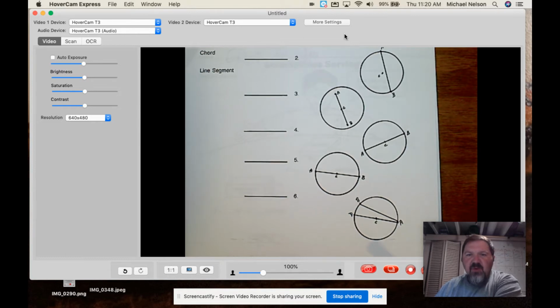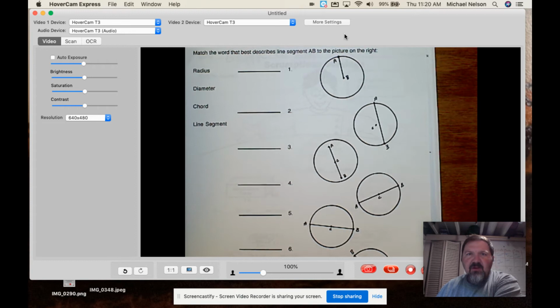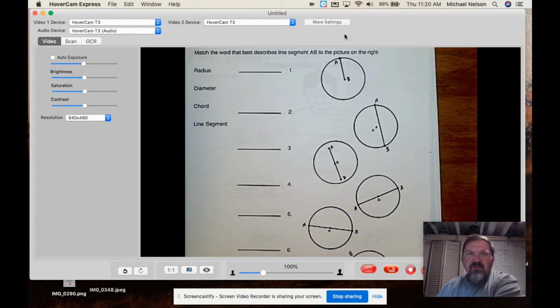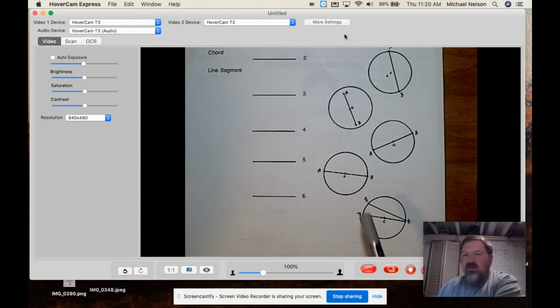Let's look at the bottom one there. It's number 6. Now the directions say to match the word that best describes the line segment AB. And you've got 2 line segments there. But AB is one that goes from a point out here to across here and not through the center. And so that's going to be, for number 6, a chord. Right.